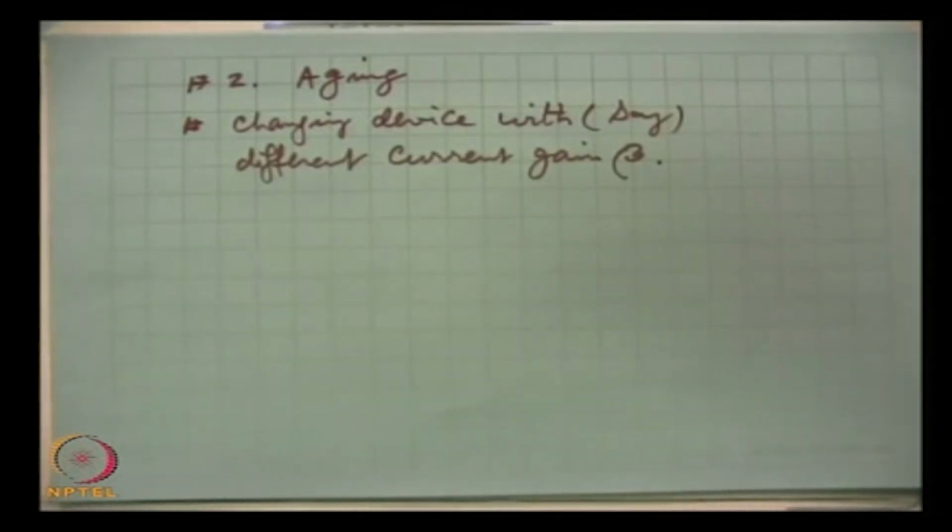Why do we change the device? As you must have seen, in discrete circuits, sometimes due to overheating or some bad handling, the transistor may be damaged, and that needs to be replaced by another transistor.